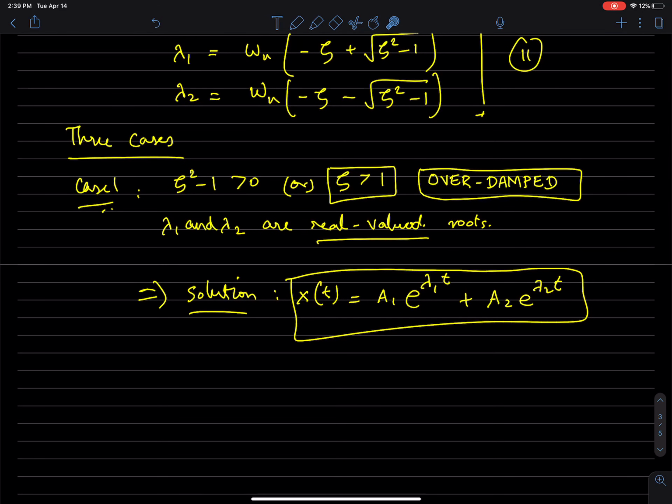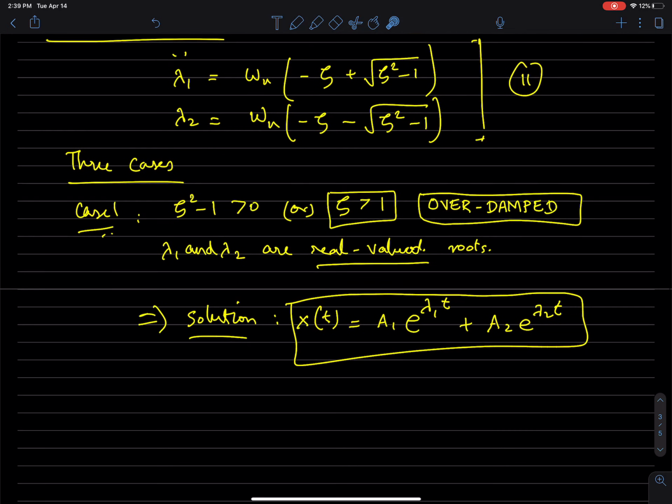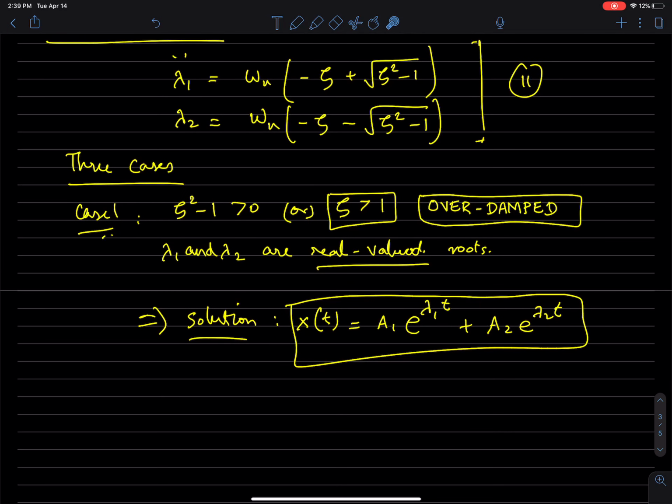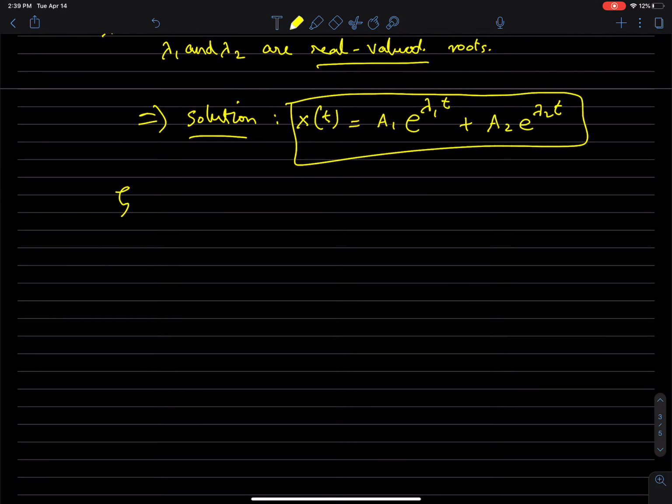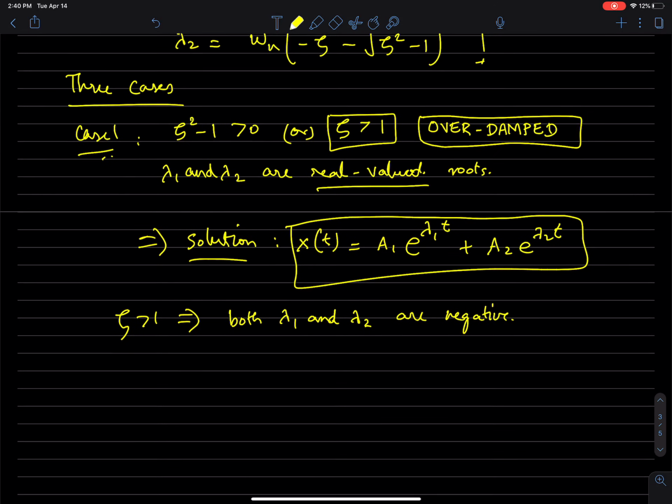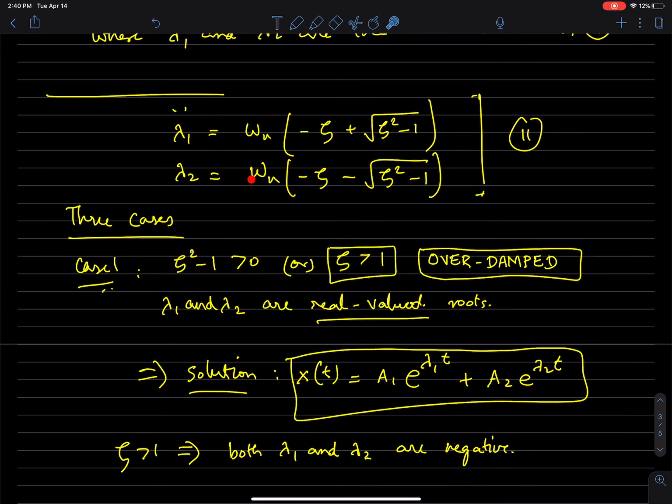If zeta is greater than 1, you will notice that both these quantities will be negative. You can think about it. Well, first of all, omega n is some positive number, this root is clearly negative because it's the sum of two negative numbers.